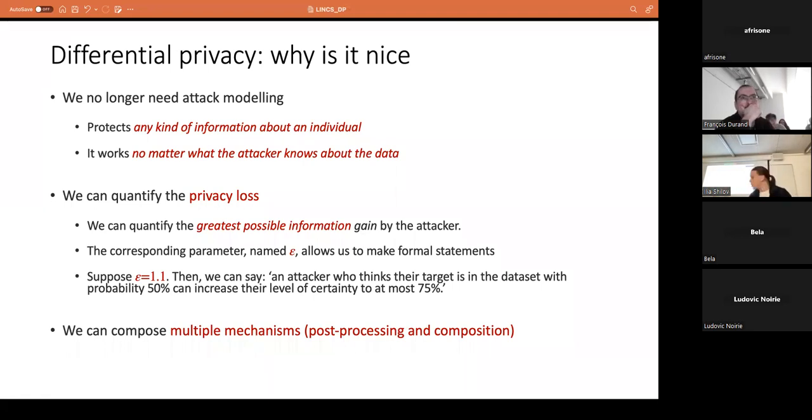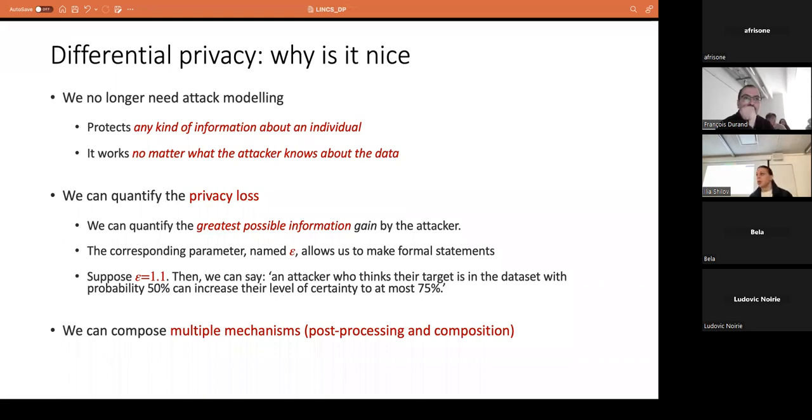The statistic can be anything. Any function applied to this statistic will also be differentially private, because it's guaranteed. Composition is the property that you can compose several differentially private mechanisms, and it will still be differentially private, a little bit less so.